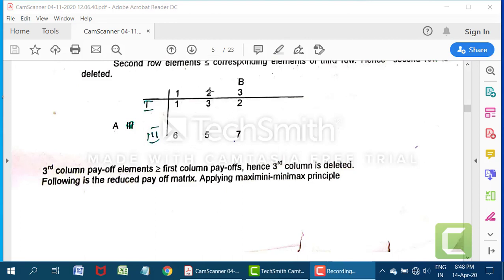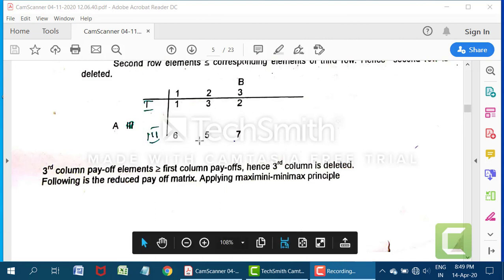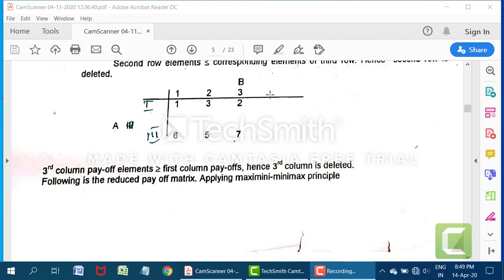So here 2 is equal to 2, and 5.5 is less than 7. Hence the average of these two strategies is better for player B compared to this third column. Hence this third column can be deleted.